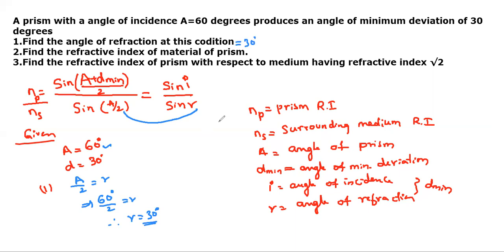Next, find the refractive index of the material of the prism, which means you need to find the refractive index with respect to air. When you are finding the refractive index of the prism with respect to air, n can be written as sine of (A plus D minimum) divided by 2, whole divided by sine A by 2.